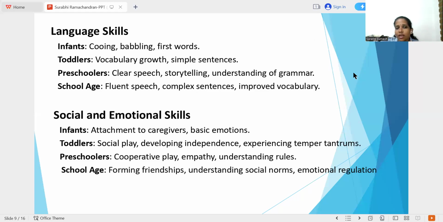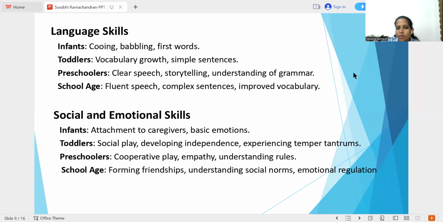Next, language skills. In infants: cooing, babbling and first words. In the infancy period only, small children make so many sounds. The first words, like ma, pa, they start to talk in the infancy period only. Toddler: vocabulary growth and simple sentences. So toddlers make some simple sentences. Preschooler: clear speech, storytelling, understanding of grammar.